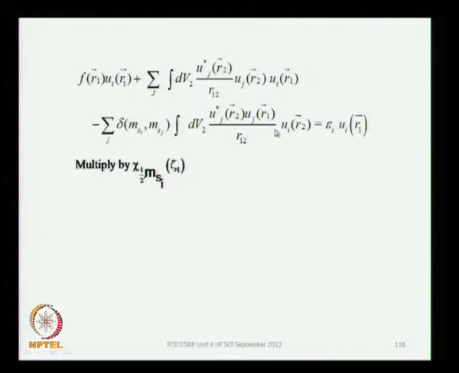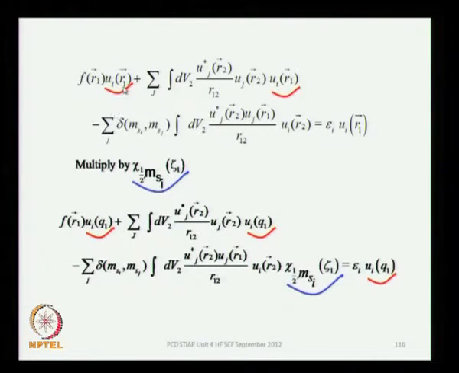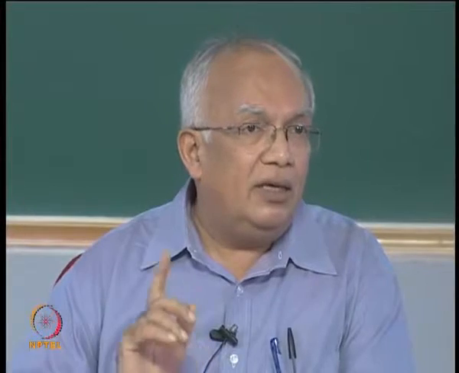So, what we will do is first multiply this whole equation by this spin function. When you multiply this term by the spin function, you get the complete spin orbital. This is the orbital part, you have multiplied it by the spin part, and therefore, the argument is written as q1 instead of r1. r1 is just a set of 3 space coordinates, q1 is a set of 4 coordinates corresponding to the 3 space coordinates and 1 spin coordinate.